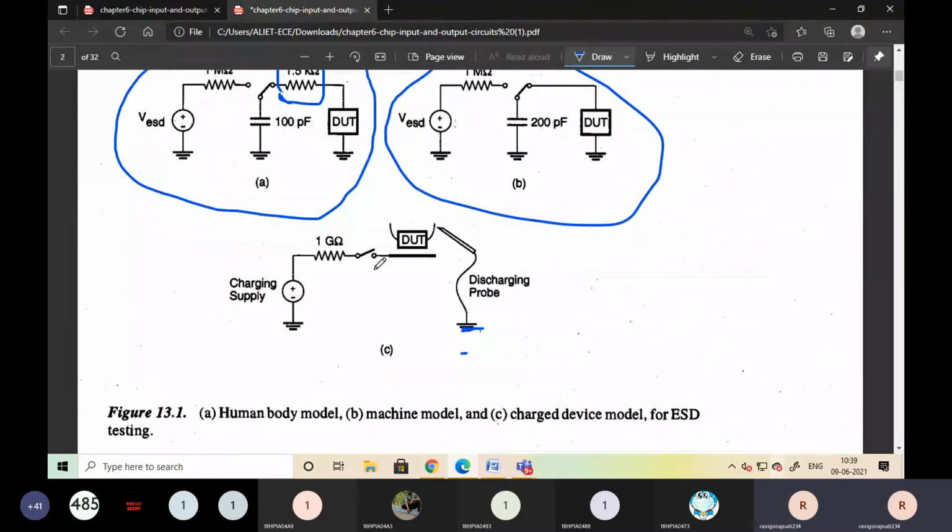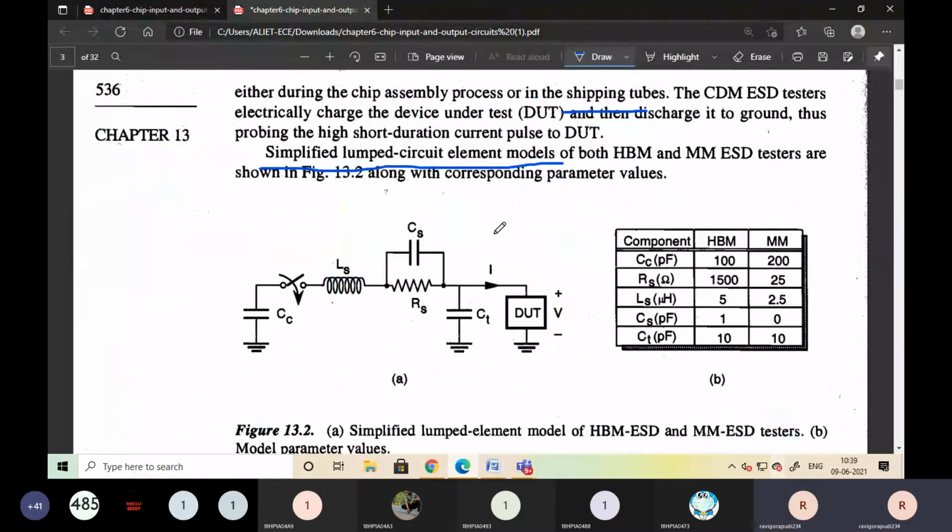Compared to those three, this is the advanced simplified model, a protecting circuit for the IC from the ESD. This is the circuit we have to use.